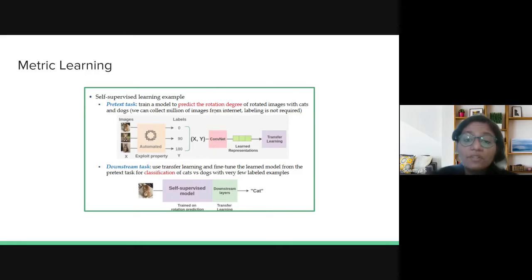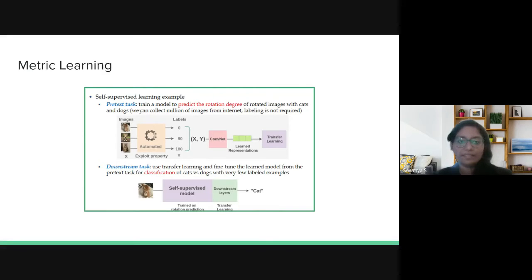Now, Shiva was talking about image augmentation. One of the famous image augmentation techniques is to just rotate the image. And we will be seeing what this pretext task is later on. So the idea is this.